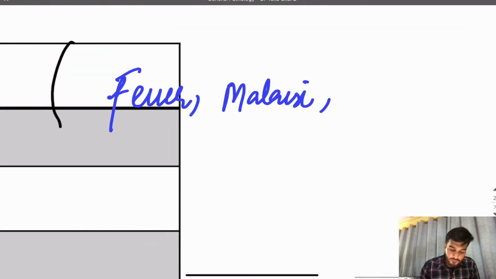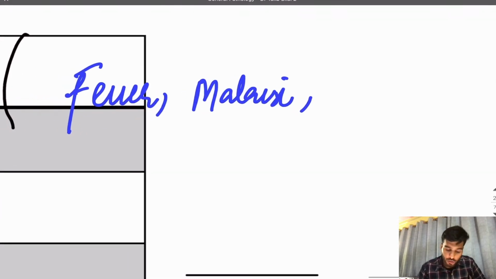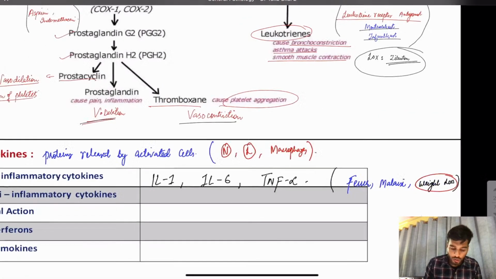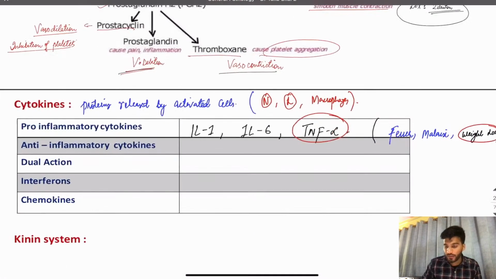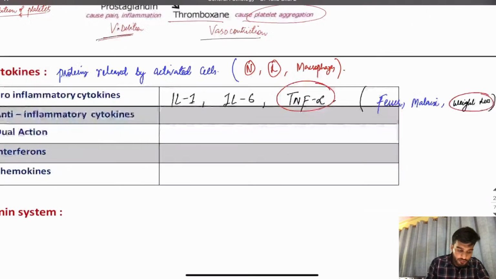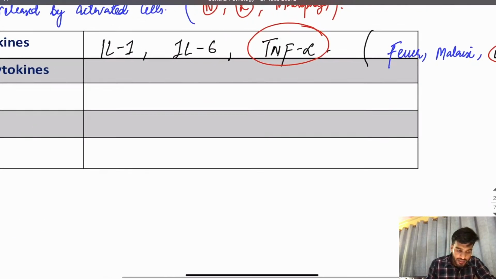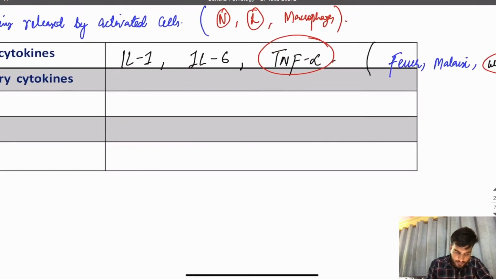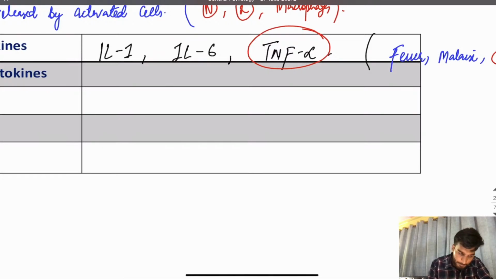And my dear students, weight loss. Which cytokine is responsible for the weight loss? It is tumor necrosis factor alpha, TNF alpha. So weight loss, please remember this, weight loss with TNF alpha. Then anti-inflammatory, we have interleukin 10 and TGF beta, transforming growth factor beta.